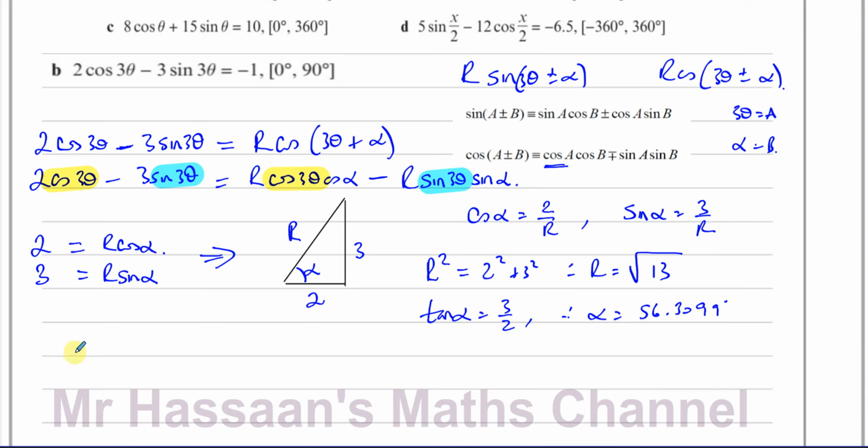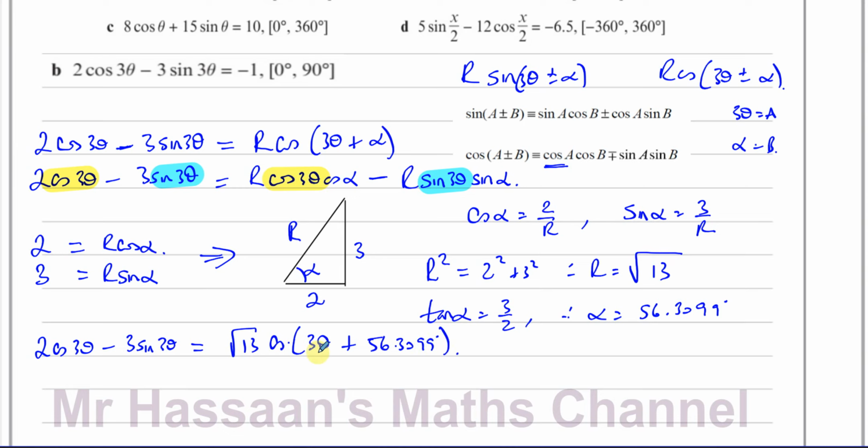Okay, so therefore we can say that 2 cosine of 3 theta minus 3 sine 3 theta is equivalent to root 13 cosine of 3 theta plus 56.3099 degrees.